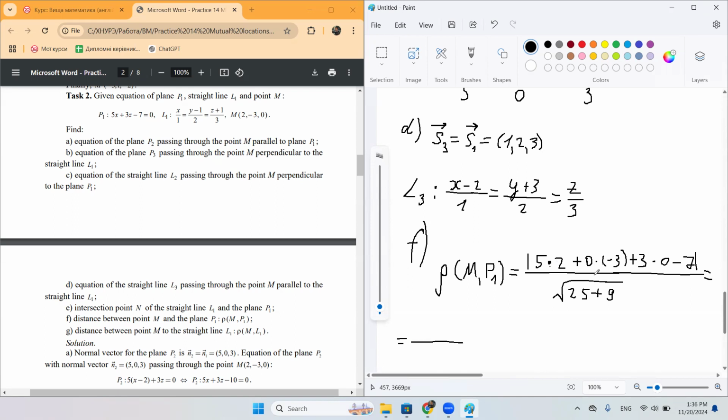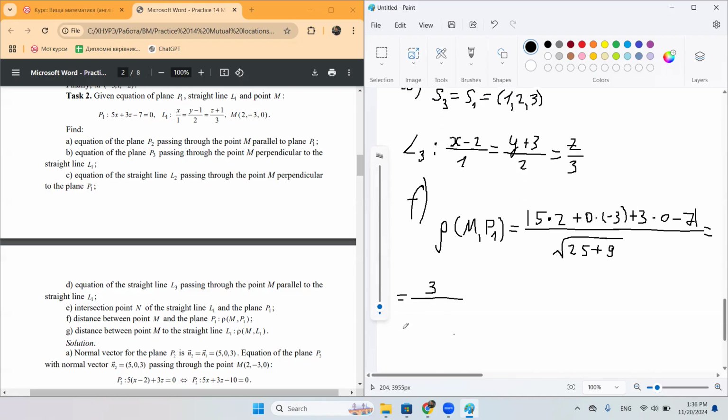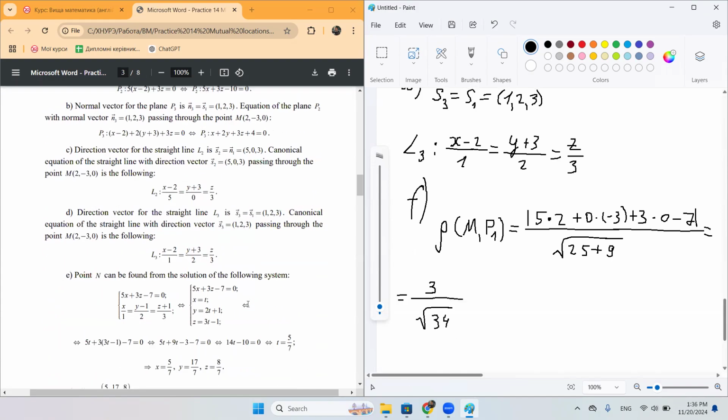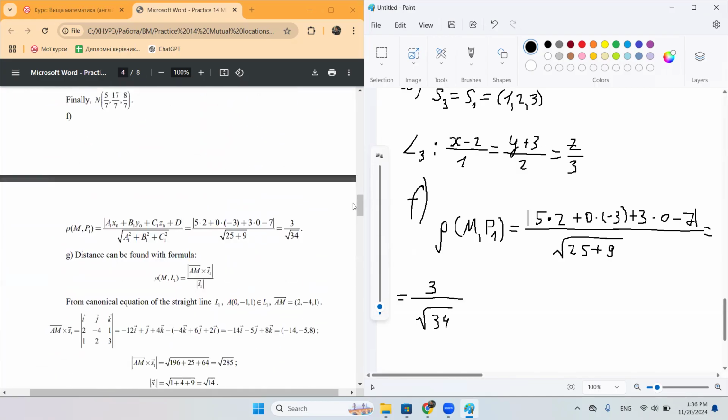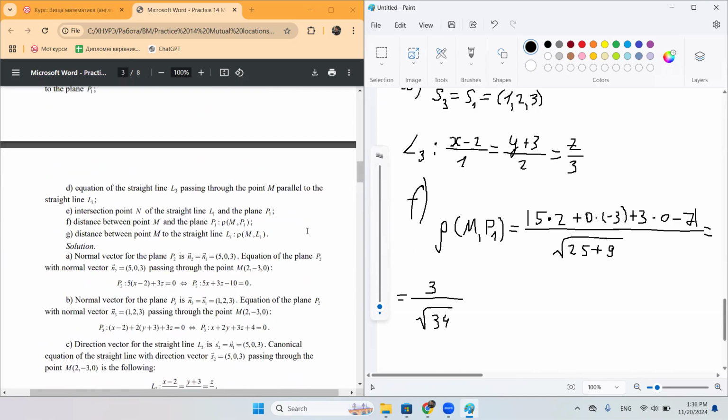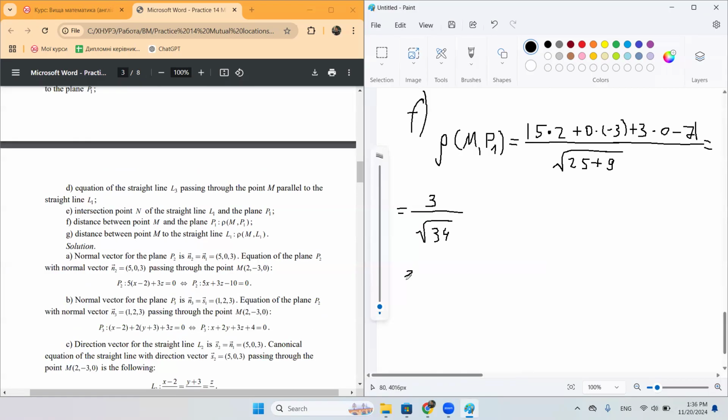So 10 minus 7, so equals 3. And 3 divided by square root of 34. Let me check it. Yeah, so 3 by square root of 34. Okay, and let's now return to part E.